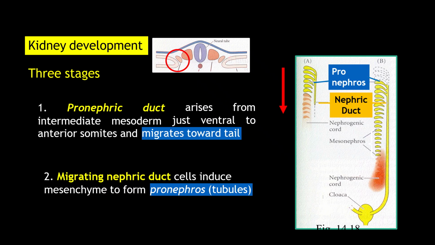Now, very quickly, I'm going to talk in a little bit of detail about what happens during the three stages. The first stage you find here. In yellow you see the pronephros that are forming, and you see that the pronephric duct starts forming, and some cells start migrating toward the tail and start producing this tubule.